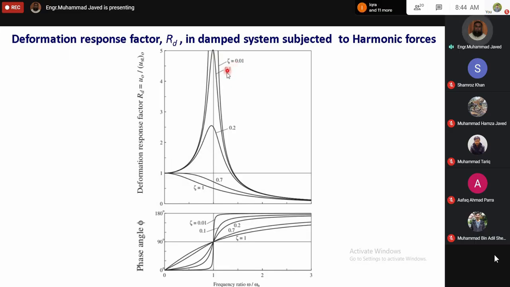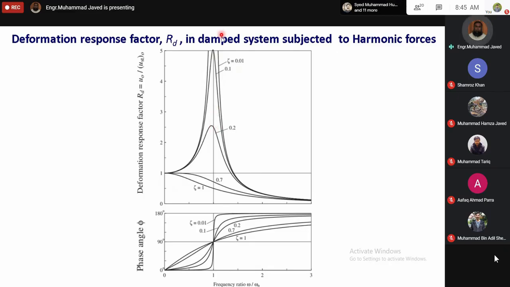Greater the value of damping ratio, smaller will be the peak value of RD, which is at resonance. Damping ratio जितनी बढ़ाएंगे, RD की वैल्यू उतनी कम होगी और उसकी कॉमन सेंस भी अगर आप अप्लाई करें तो डैम्पिंग की वजह से चूंकि एनर्जी डिसिपेट होगी तो डिस्प्लेसमेंट रिड्यूस होंगी और RD जो है वो उसकी वैल्यू भी जो है वो इफेक्ट होगी.